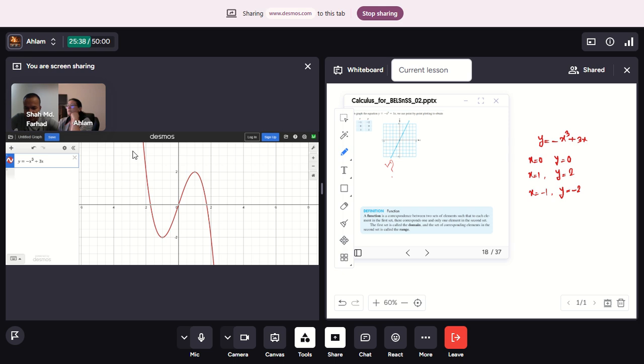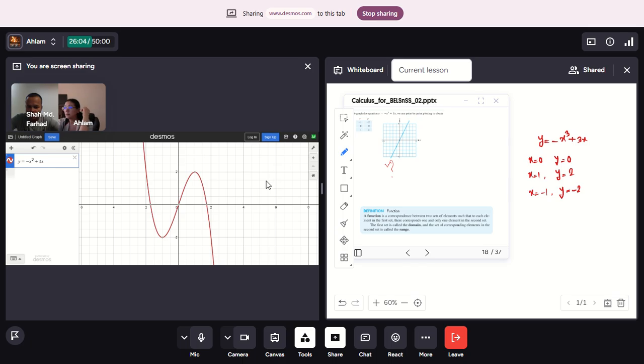Vertical line test means if we move a vertical line along the graph, and if the line intersects the graph at more than one point, then we can say the given graph is not a function.